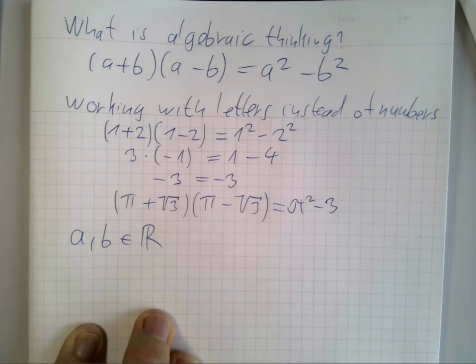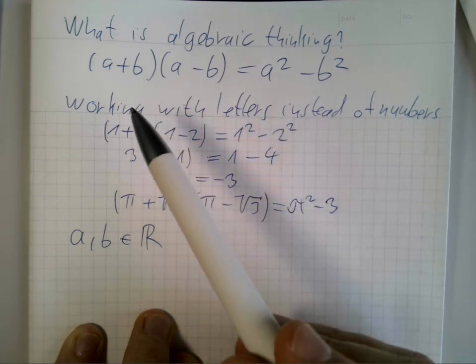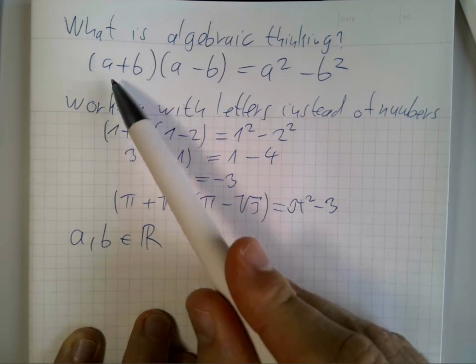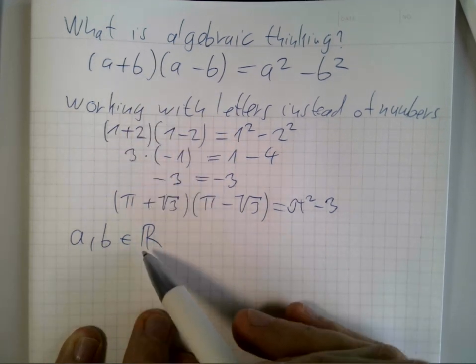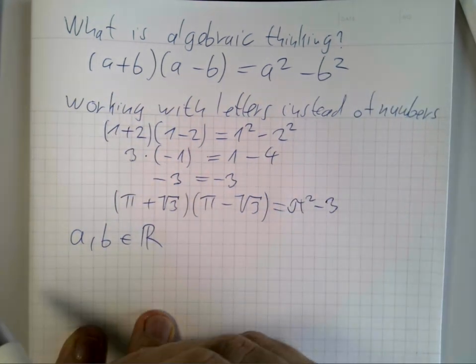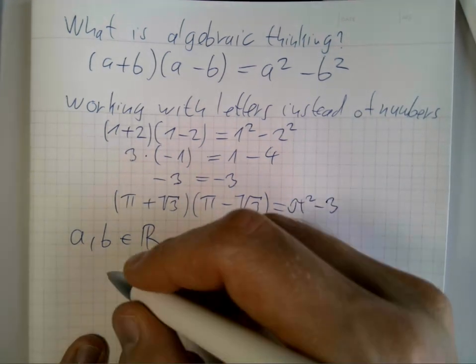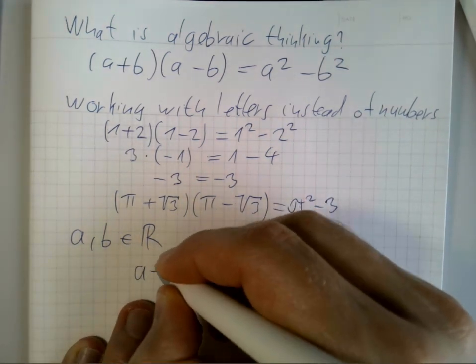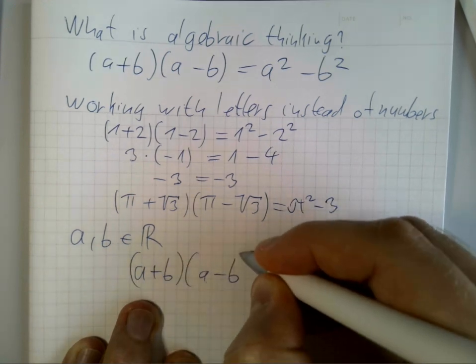This will demonstrate that this is not just a good, very economical notation, where we use letters instead of concrete numbers, saying they are some real numbers and writing down infinitely many statements in one go. We can actually prove it, because, pretend that we don't know, what is (a plus b) times (a minus b)?